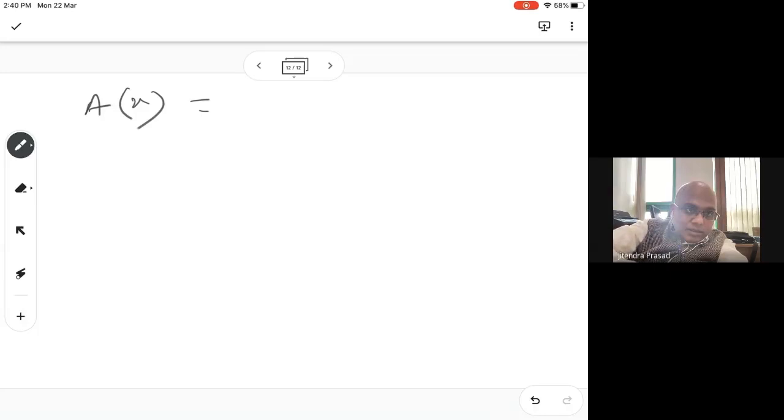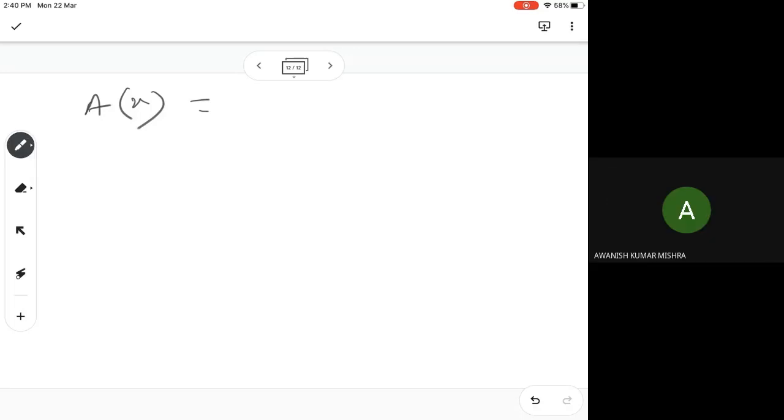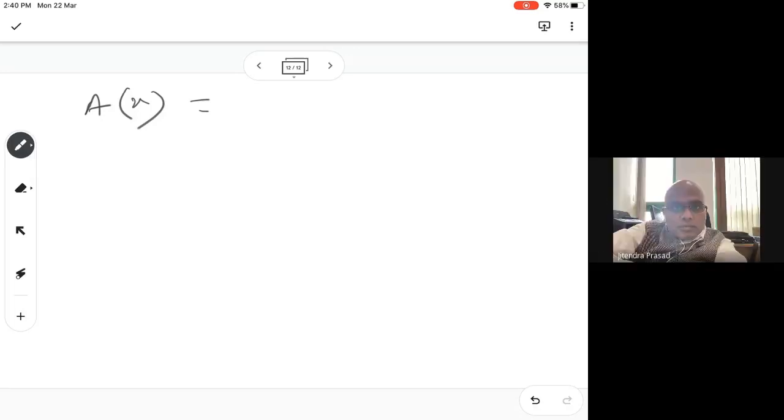Okay, so 5.2 here, A(x) is given... 2x. Just a minute. The A is not given, man. Is he saying A is 2x given, sir, in 5.2?